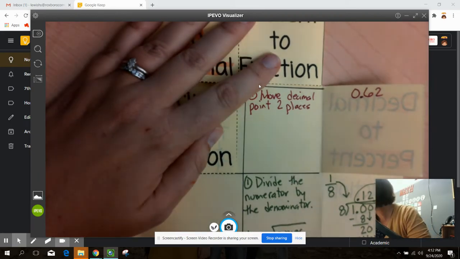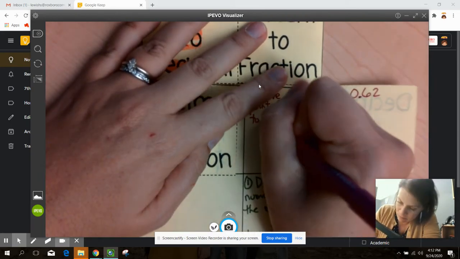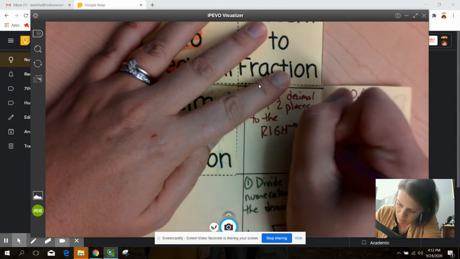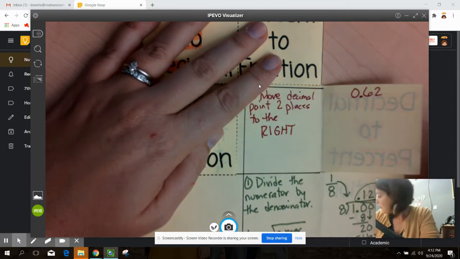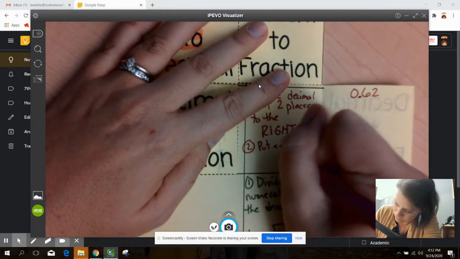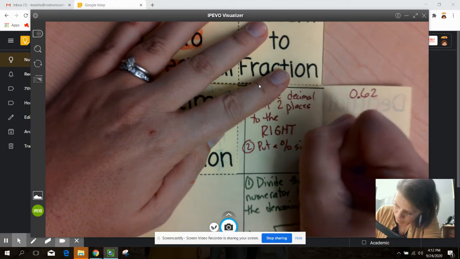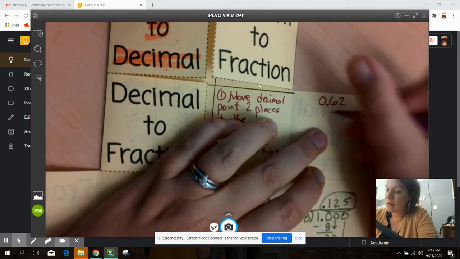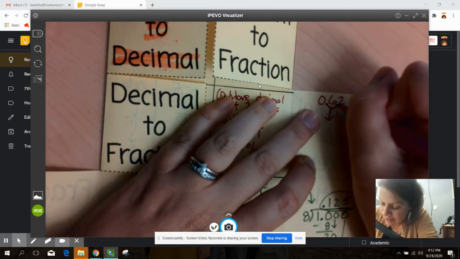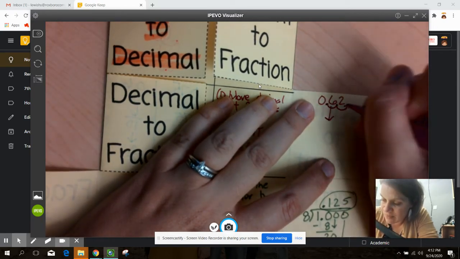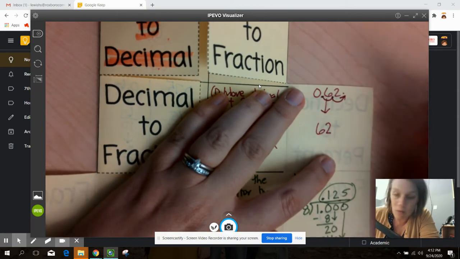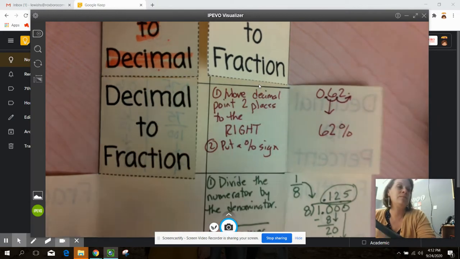This time we're going to move it 2 places to the right. And then we're going to put a percent sign. So what this would look like is you are going to go 1, 2, so this time we're going in that direction and put it there, and it would change to 62 because it's changing to that whole number percent. Okay.